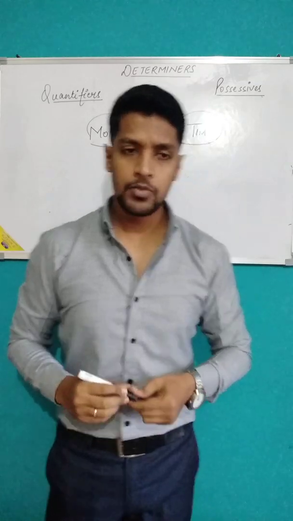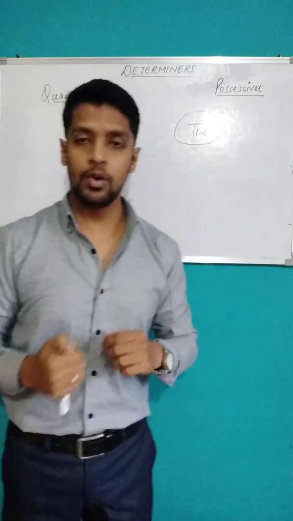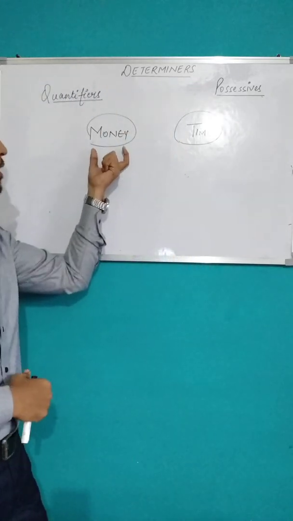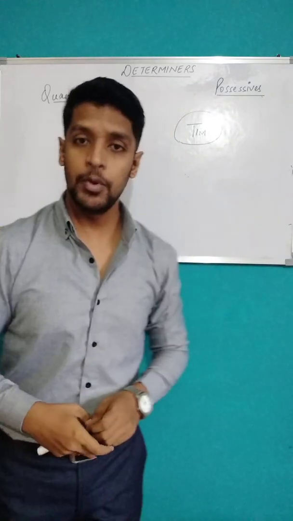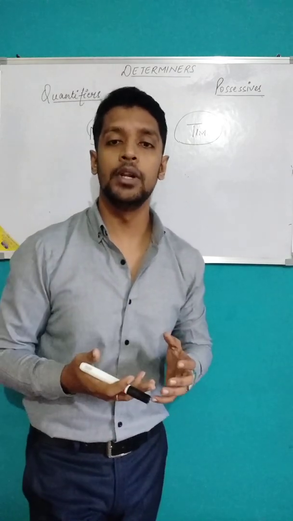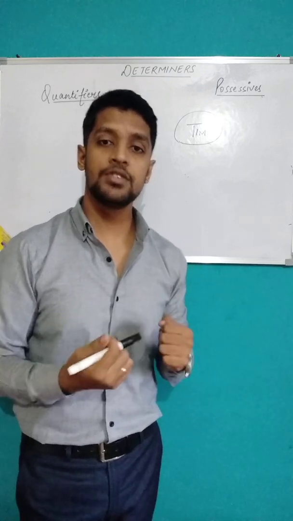These are the two terms which create a lot of confusion in people. Let's talk about money first. People think that money is countable. We can count the money. Actually, money is not countable. It is uncountable. Let's see why.